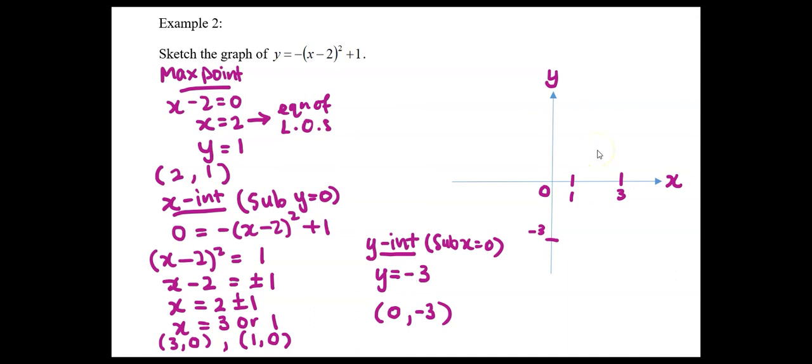So we can now sketch this graph, and remember that it is a set graph, so we can sketch it, and if you are happy with it, this should be fine. Alright, and do remember to label the maximum point, so halfway between 1 and 3 is 2, as earlier on we have found. x equals 2, y equals 1.